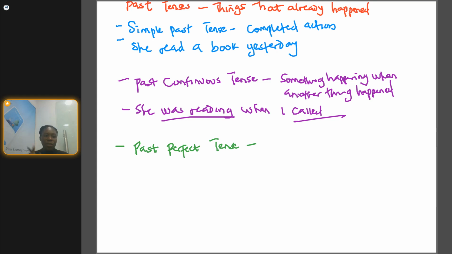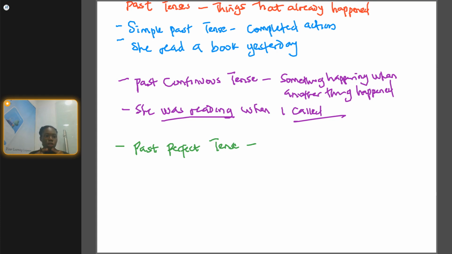The past perfect means something happened before another past action. Past continuous is something was happening in the past before another past action happened.